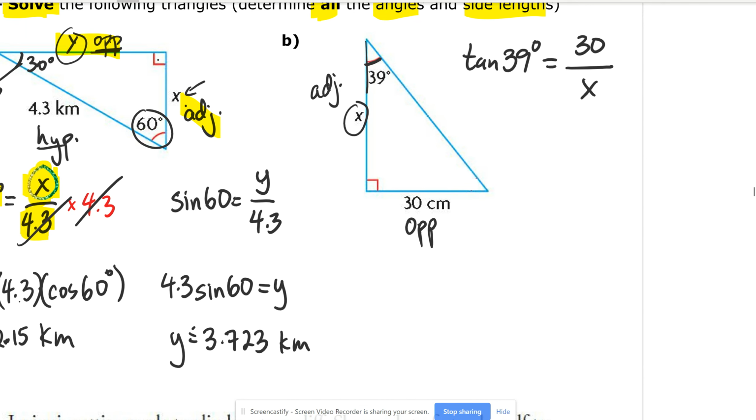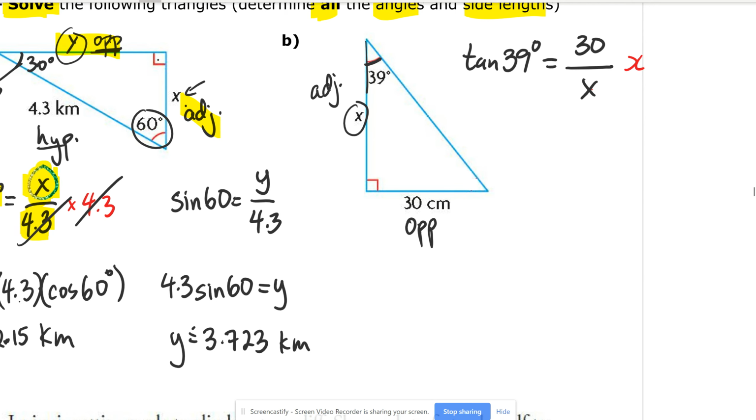Now, solving for x takes an extra step because x is on the bottom. So here is how you can treat this. You can cross multiply, if you're familiar with cross multiplication. But imagine for a moment you want to bring the x to the top, the numerator.